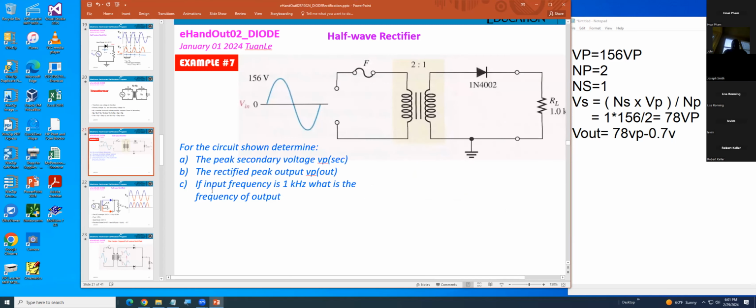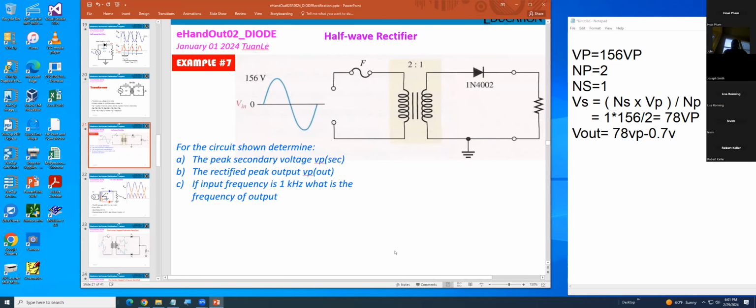In this particular case, the V peak in is the 78 volts coming into the secondary, minus the 0.7. If you draw it, this is 0, so you have to get a minus 0.7 here.